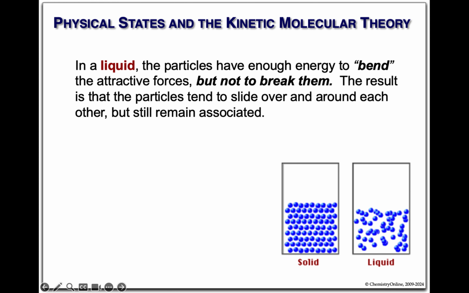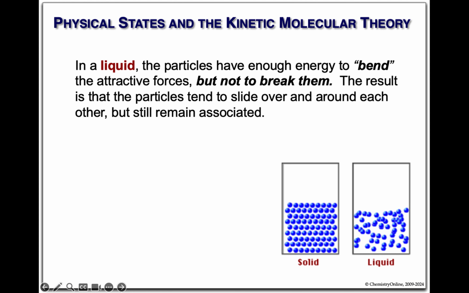Now here we put enough energy in not to break the intermolecular forces, but to soften them enough that we can actually move the particles relative to each other. It still has the same volume, it just flows down.